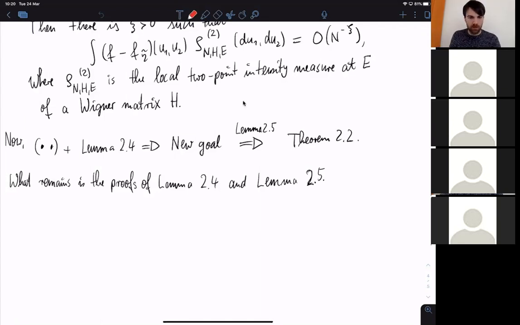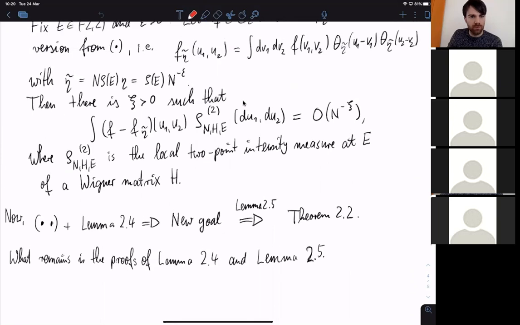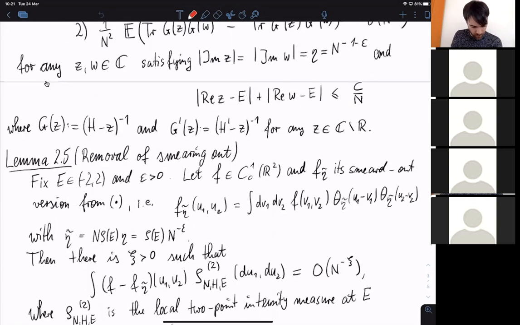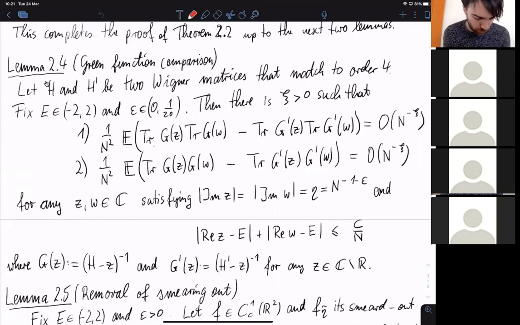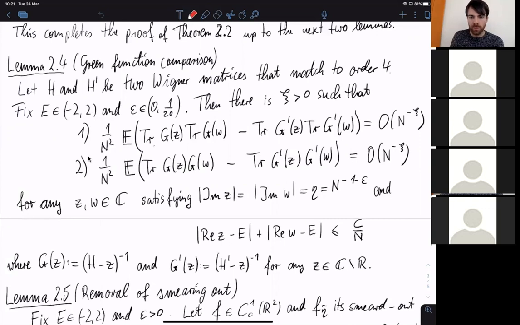So now what is left to do is to prove lemma 2.4 and 2.5. We will start with 2.4, which we'll hopefully manage today. Then 2.5, I have to decide whether it might be homework or we can finish it next time.